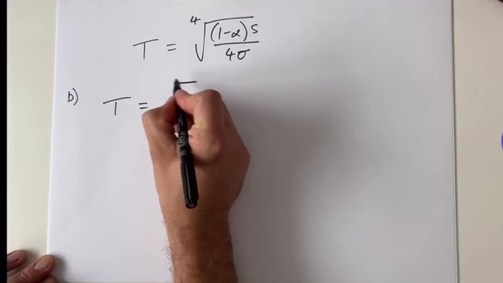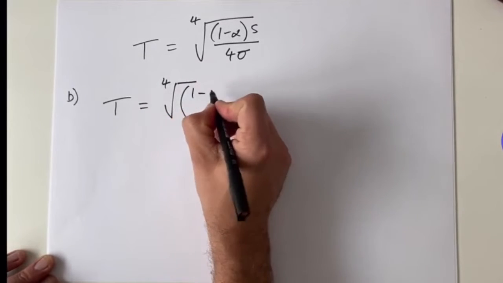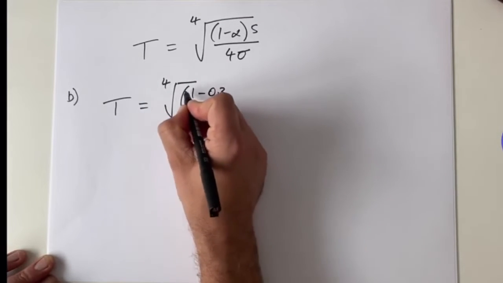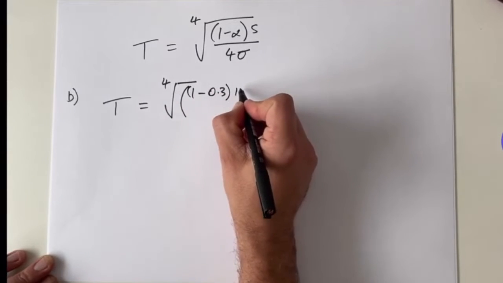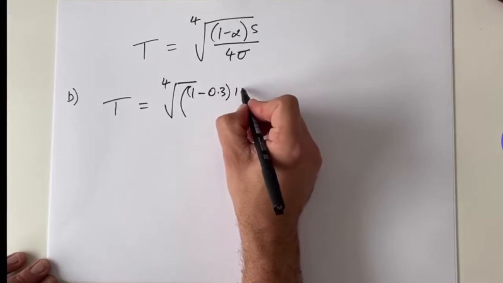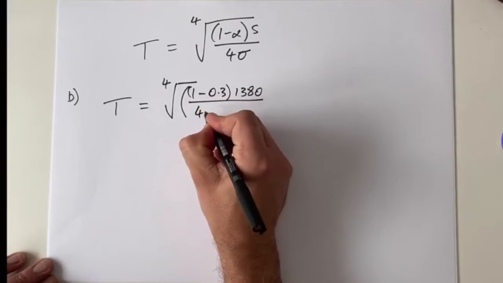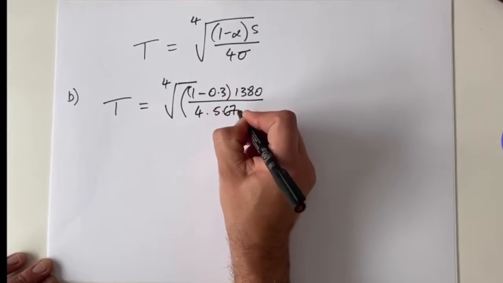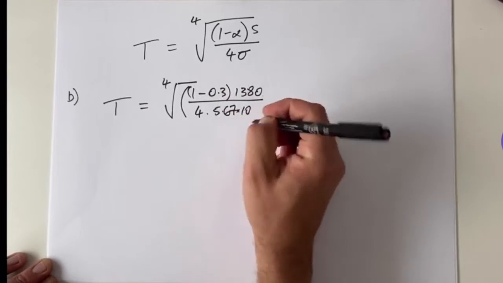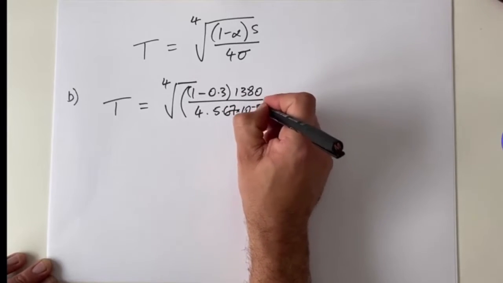It's quite a complicated equation, I suppose. So 1 minus the 0.3, because that's the value you're given for alpha, times s, which is 1380 watts per meter squared, divided by 4 times 5.67 times 10 to the power of minus 8.